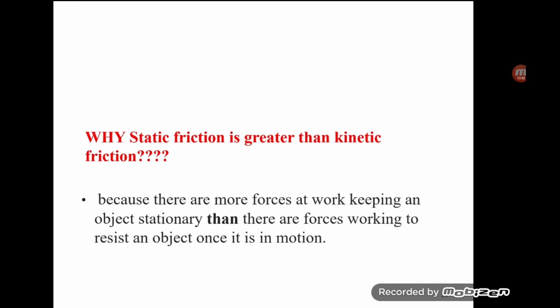Why is static friction greater than kinetic friction? Because there are more forces at work keeping an object stationary than there are forces working to resist the object once it is in motion.